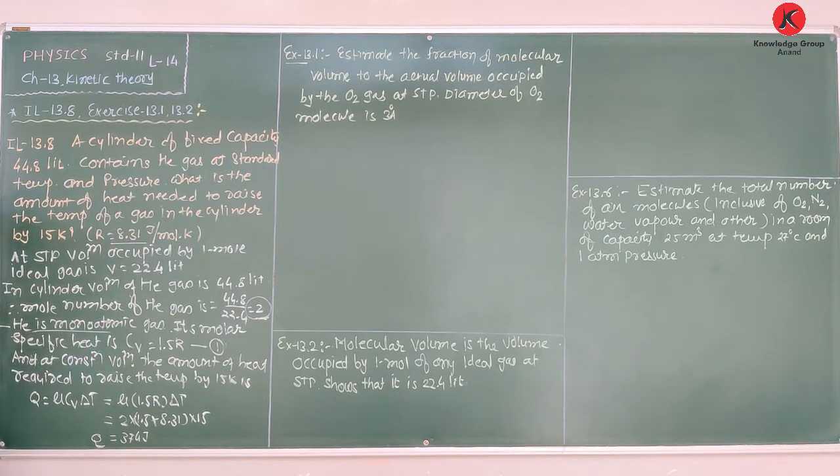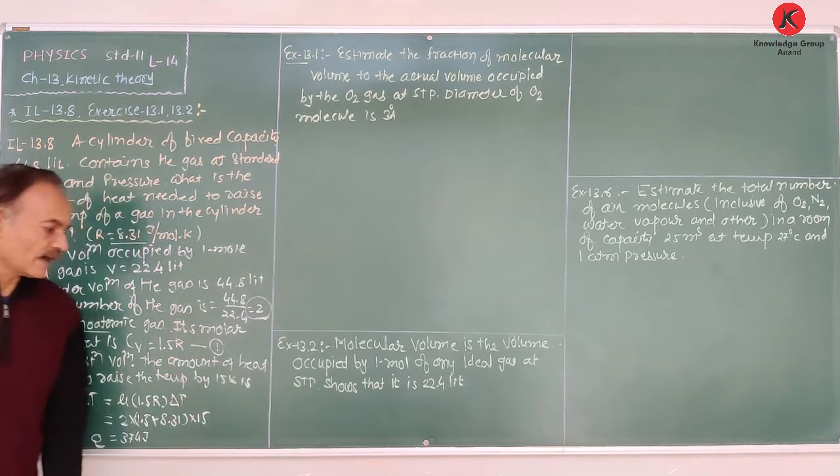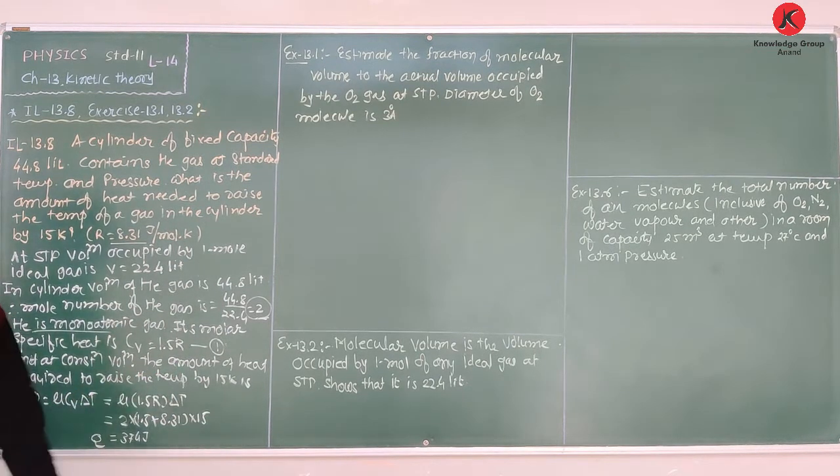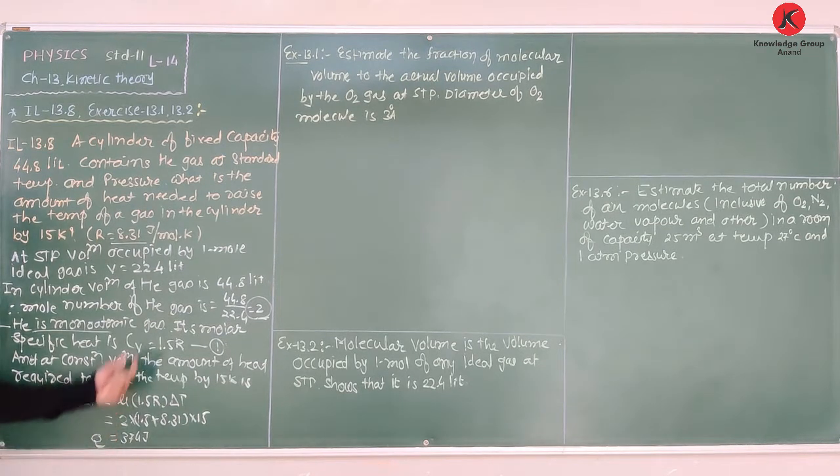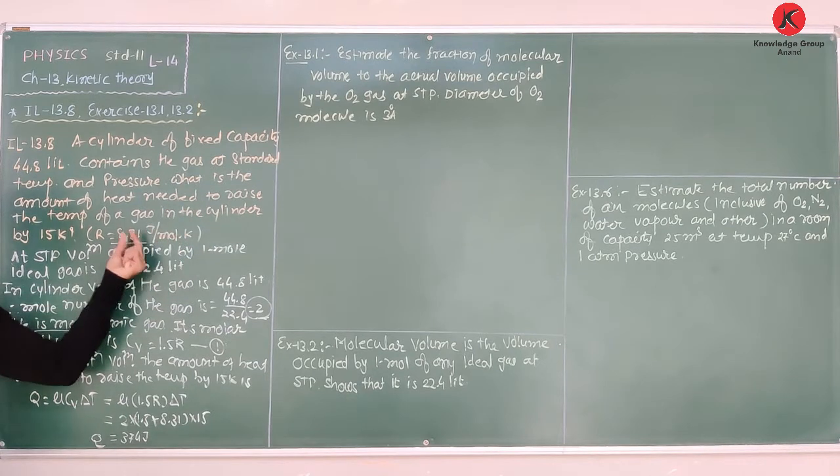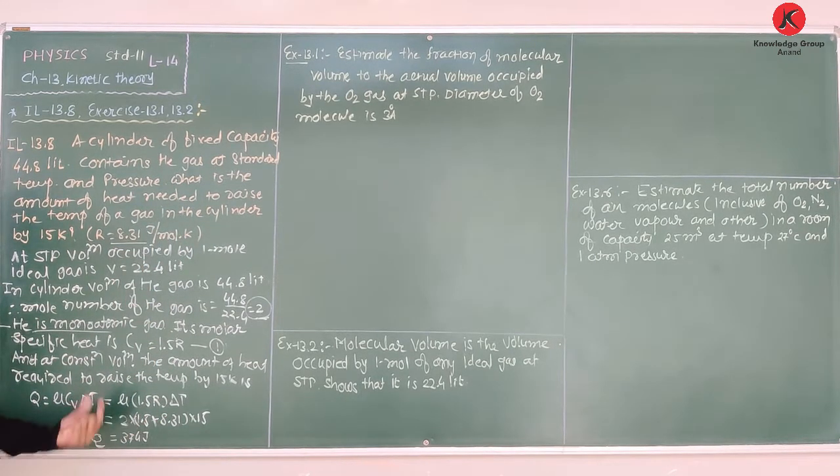So its molar specific heat is CV equal to 1.5 R. And also we know that at constant volume, the amount of heat required to increase the temperature of the helium gas by 15 Kelvin is, according to the definition of molar specific heat at constant volume, Q equal to mu CV delta T. But CV is equal to 1.5 R, so substituting, Q is equal to mu into 1.5 R into delta T. Substitute the values: mu is 2, 1.5, R is 8.31, into the increase in temperature, 15 Kelvin. Therefore, 374 joule of heat is required.